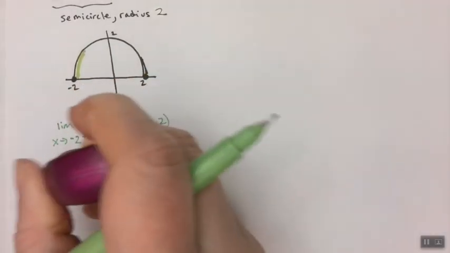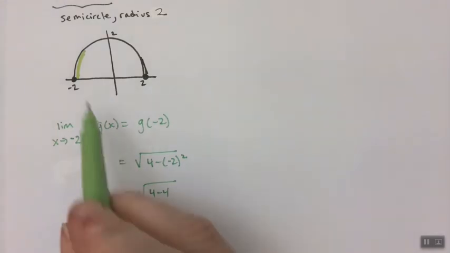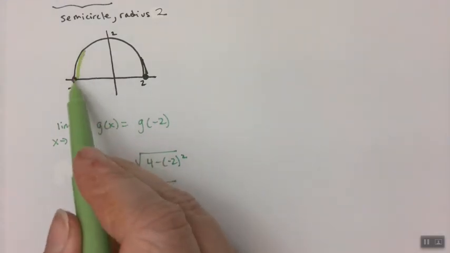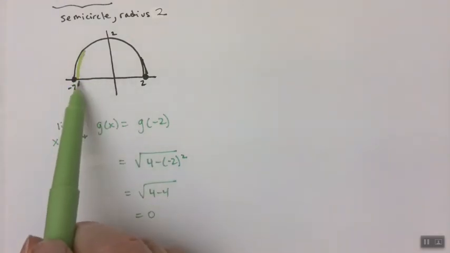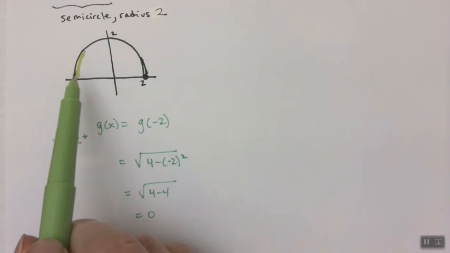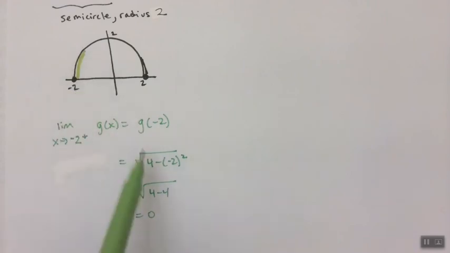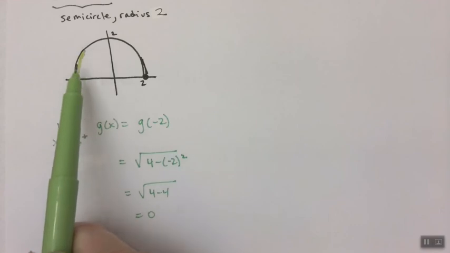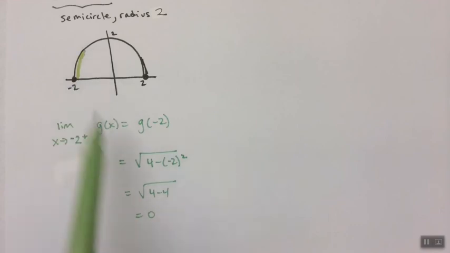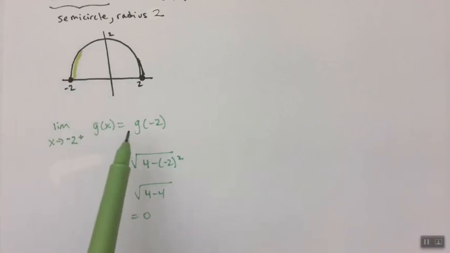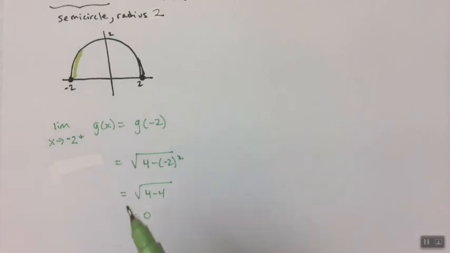The left-hand side is equal to the same thing, because as we approach, you can see graphically, you're heading to 0. So indeed, the limit is equal to the function value, right? Where you're going to is that dot, and that dot is the function value. So indeed, this is right continuous.